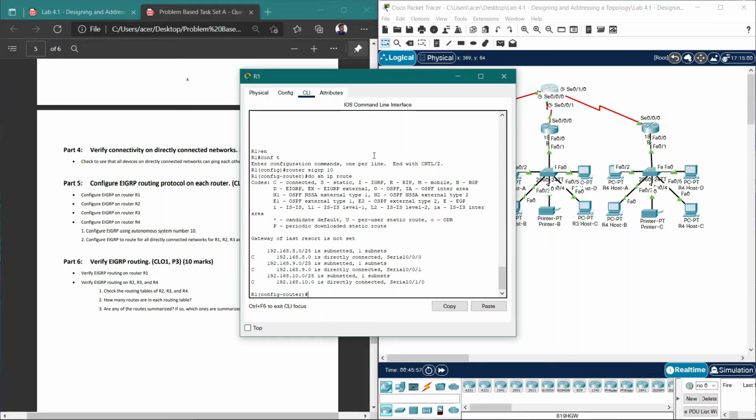In R1 we can see there are three connections, 192.168.8.0, 9.0 and also 10.0.